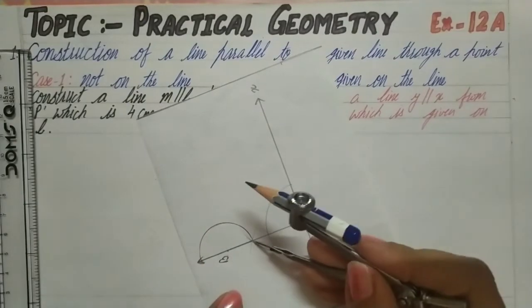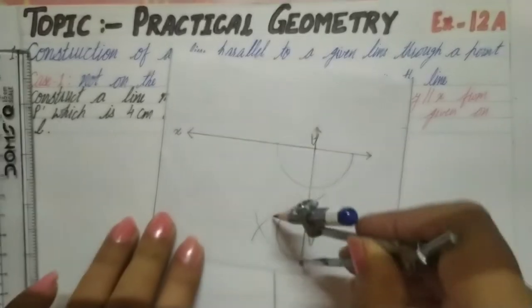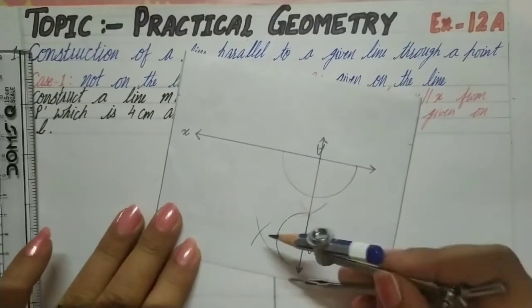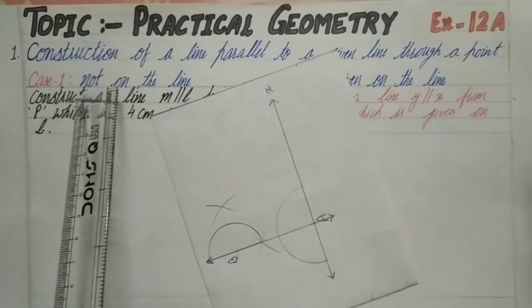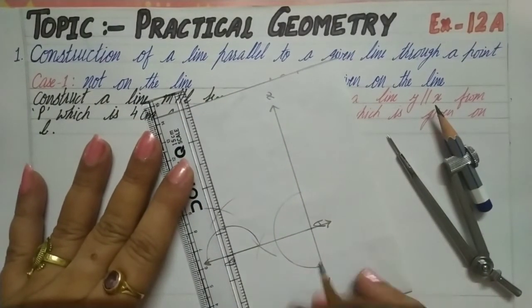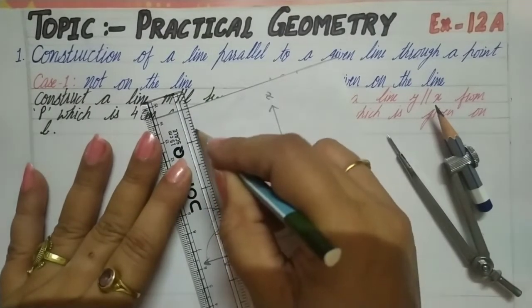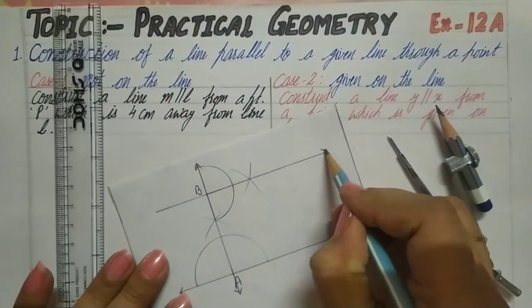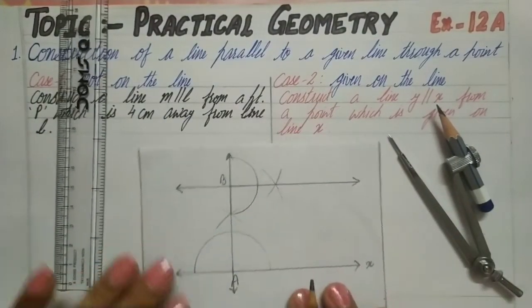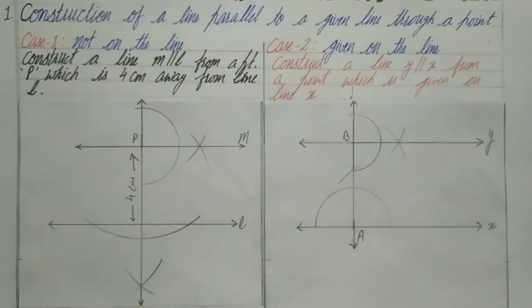Then more than half, again 2 arcs taking these 2 points of intersection of the semicircle as center, and now we have to join B and the point of intersection of these 2 arcs. Then draw a line which is parallel to the given line X, and this is line Y. Here you can visualize both the cases together.